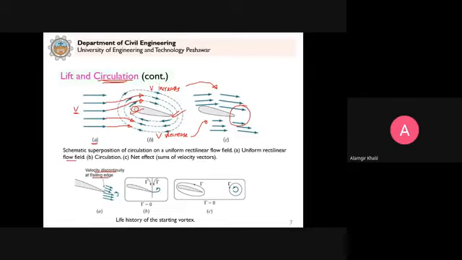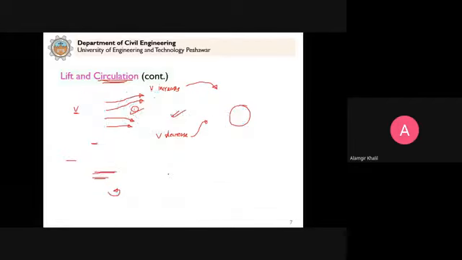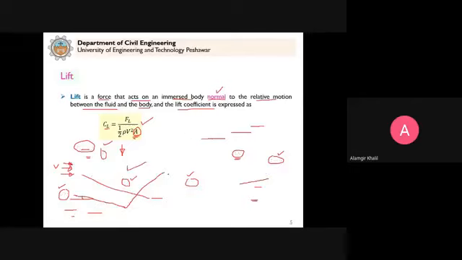So you can see the velocity discontinuity at the trailing edge. Because of the difference of the velocity vectors, a vortex is generated. We already saw vortices. So a vortex will be generated as the fluid leaves the body. This is a very important concept. Clear?